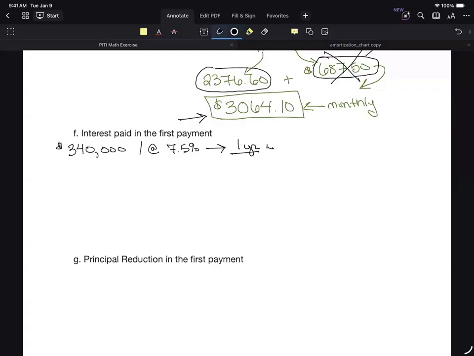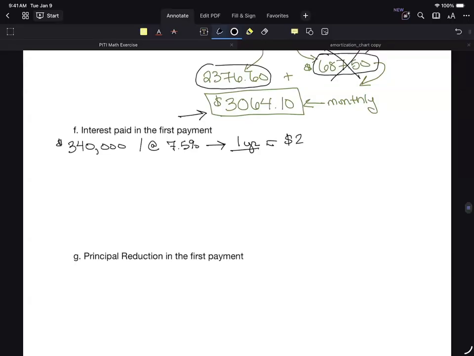So the interest you would pay for 1 year would be 340,000 times 7.5%. You would write them an additional check for $25,500 for 1 year.